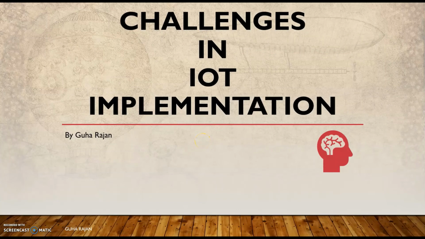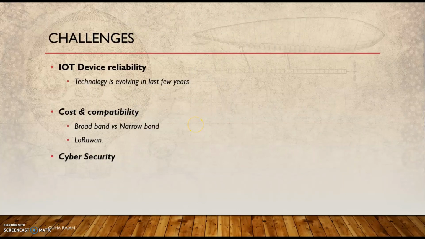Let's quickly look at the challenges in IoT, which is also the future direction in which we would be moving. The first challenge is IoT device reliability. As I said, the IoT movement, or adoption, I would say, started with the Raspberry Pi. But in fact, the Raspberry Pi was more developed as a hobby kit.